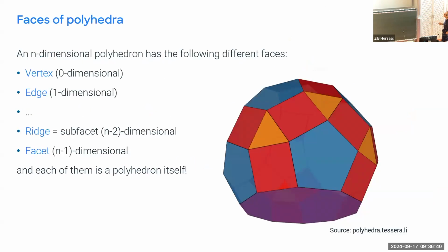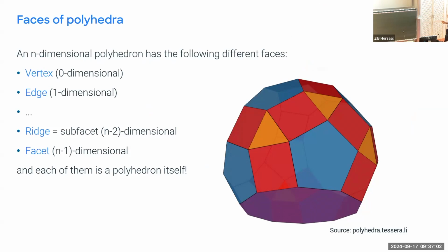Okay, and more generally, just to have the language right, if you had such a polytope or a polyhedron, then we can identify not only the full polyhedron, but we can identify different faces which are classified by their dimension. So the vertices are the 0-dimensional faces of the polyhedron.